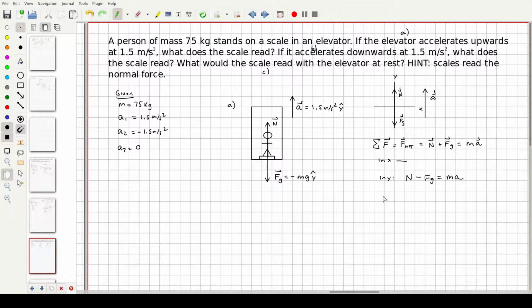In this case, the normal force, which is what the scale is going to read, is going to equal ma minus the weight. The weight here is just m times g, which means this is equal to ma minus mg, or m times a minus g.